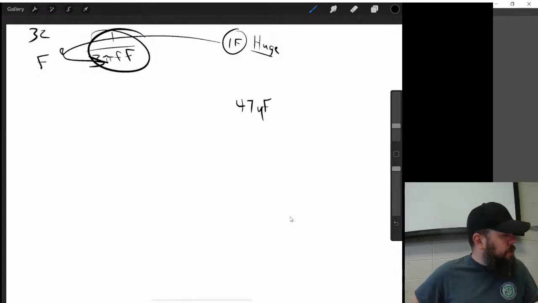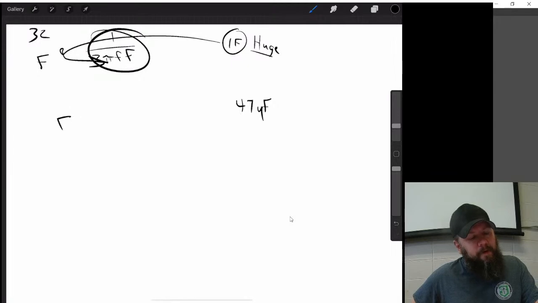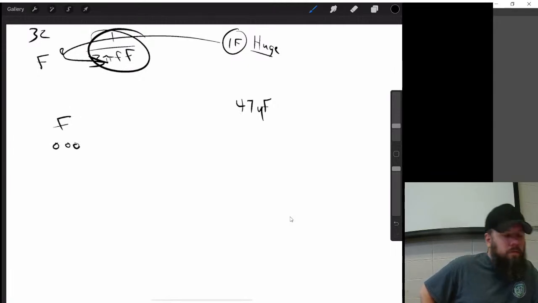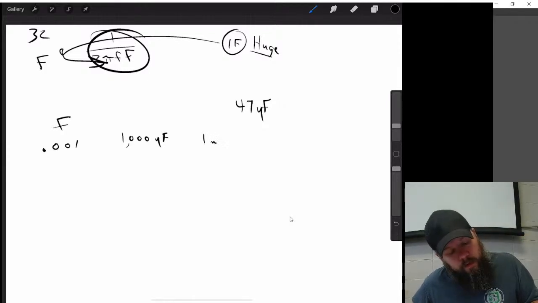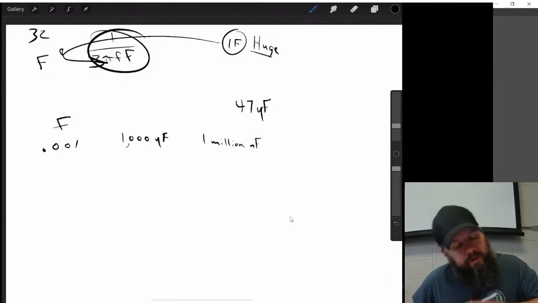So it's got a chart where we've got farads, and 0.001 farad is equal to 1,000 microfarads, and is equal to 1 million nanofarads.